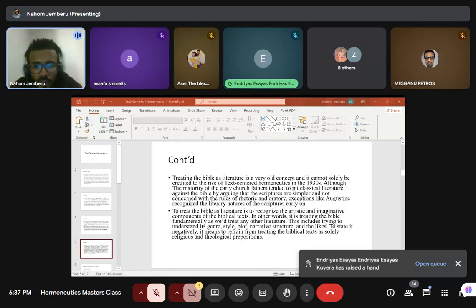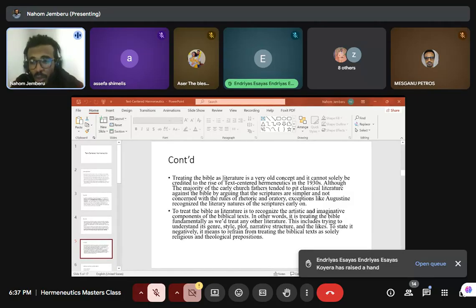So in a way, text-centered hermeneutics, or reading the Bible as literature, emphasizes that we should read texts as we would read any other literature. This doesn't mean that we forget that the Bible is the Word of God or that we treat it as fiction or something like that. It simply means that we need to recognize that the biblical writers operated within the literary framework of their time.